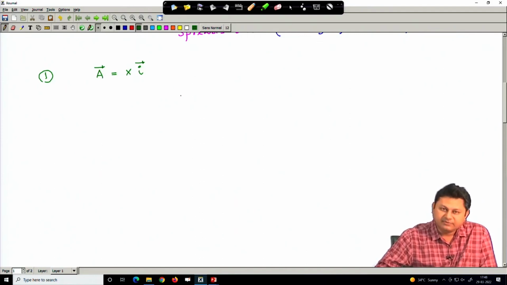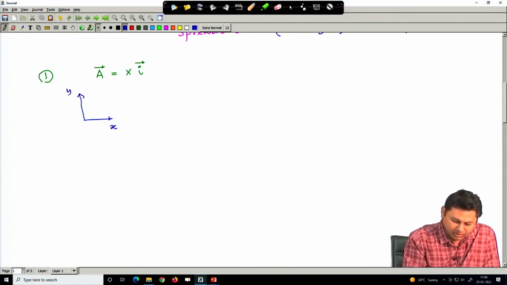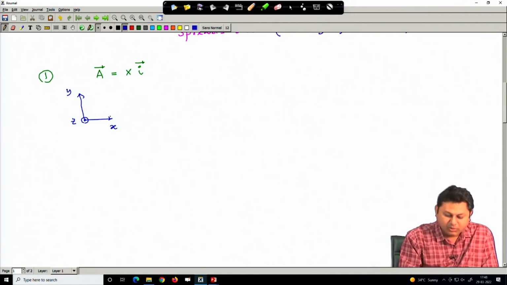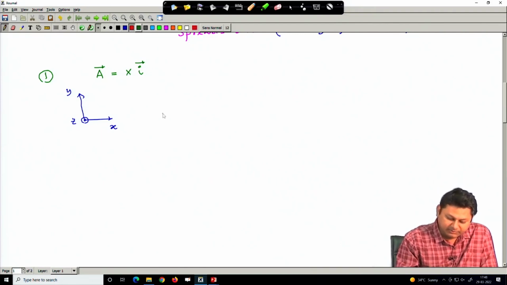Now, let us plot this vector field in the x y coordinate system. This is x, this is y and the perpendicular is z. Although this is a one dimensional vector, let me plot it at least in 2 dimensions.